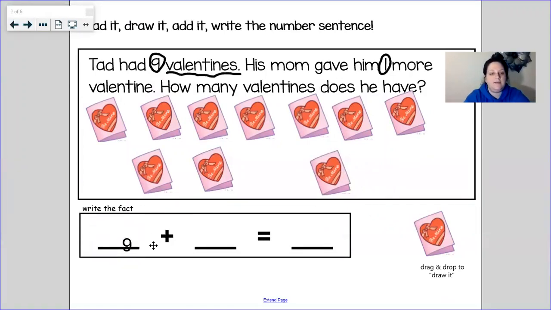So 9 Valentines plus 1 more Valentine equals how many altogether? Let's count them to see how many it is altogether. 1, 2, 3, 4, 5, 6, 7, 8, 9, 10. So now we know that 9 and 1 more makes 10. All right, let's do our next problem.